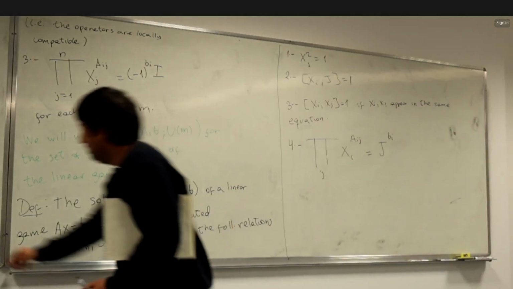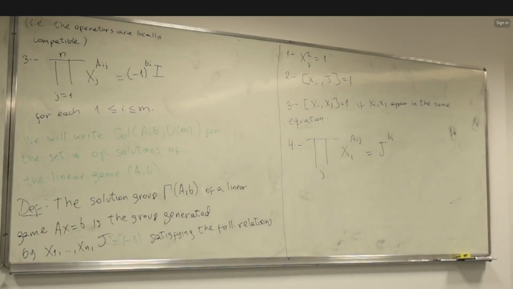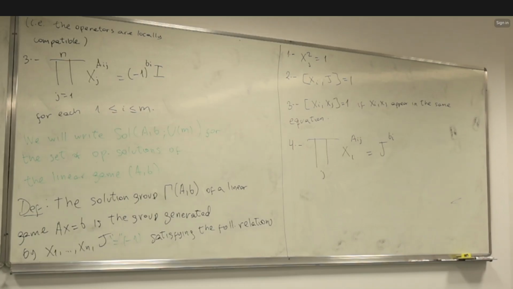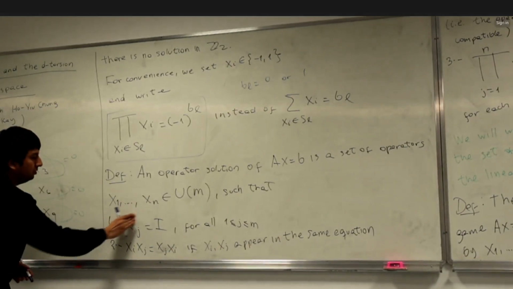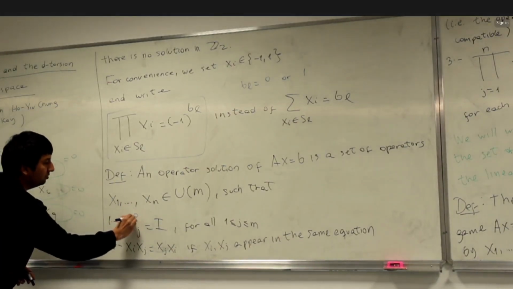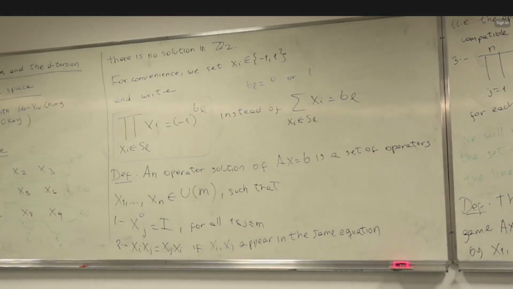But more generally, we are interested in the case where, instead of using this condition, we ask for this more general condition, xi to the d equals j to the d.